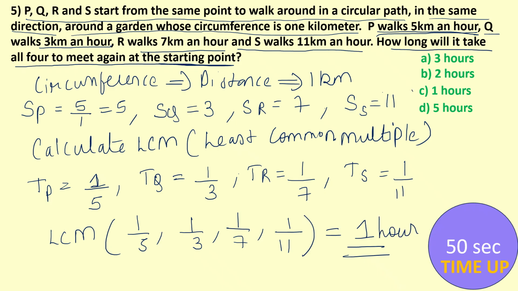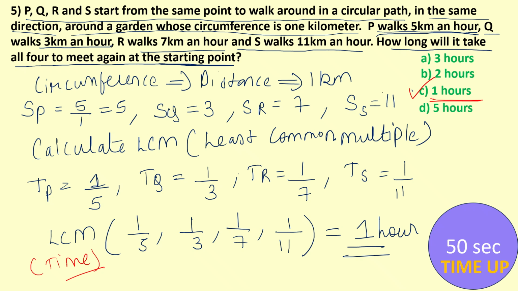Okay, so C is the correct option. 1 hour is the correct option. So LCM of time they have asked to find out. So 1 hour is the correct option.